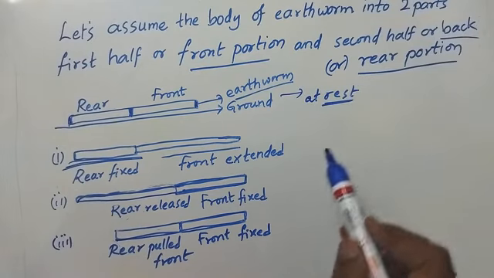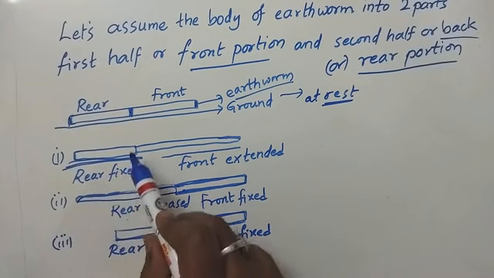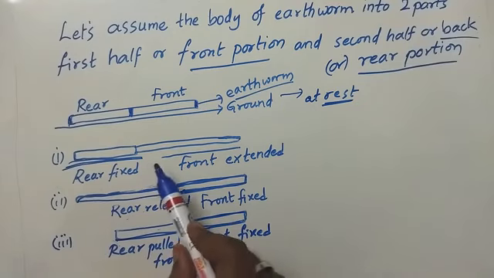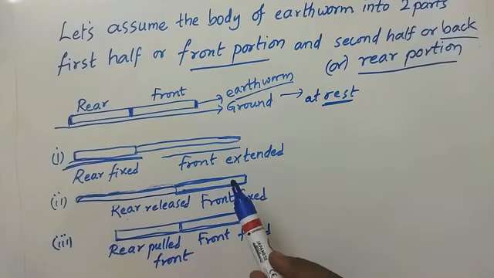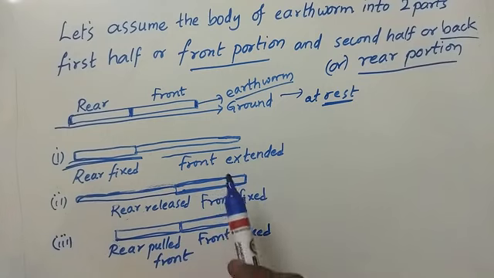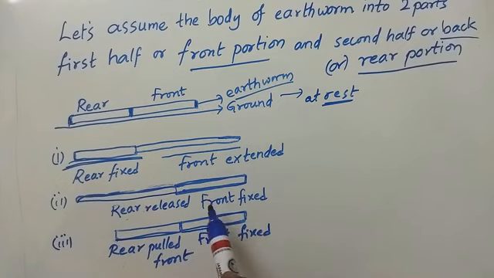While making movement, first the rear part is fixed and the front part is released and extended. Then the front extended part is fixed to the ground and the rear part is released.